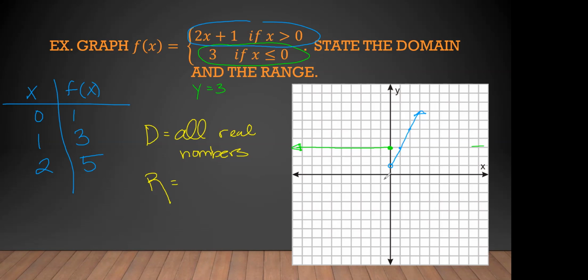Well, my lowest point is positive 1, okay? But it's not equal to positive 1. So it has to be greater than 1. So that is my range, okay?